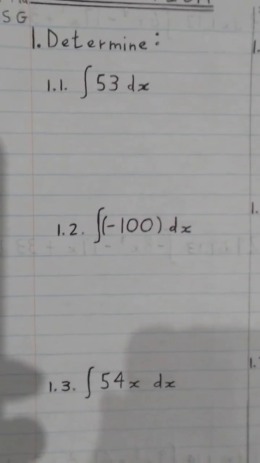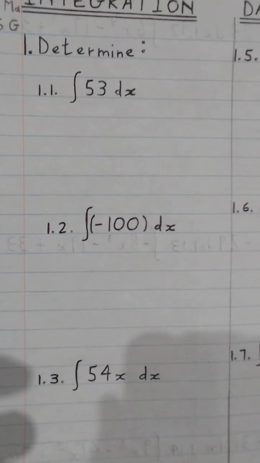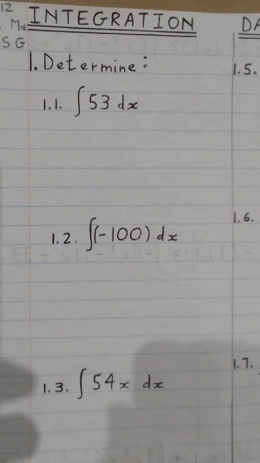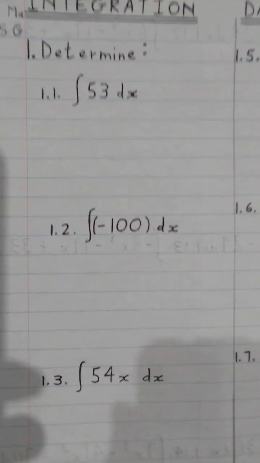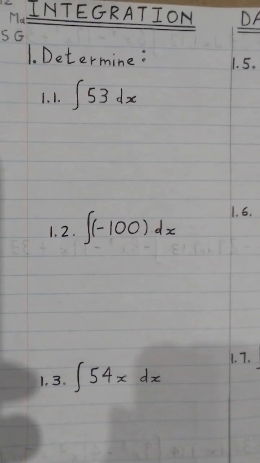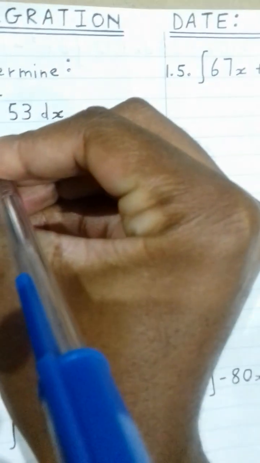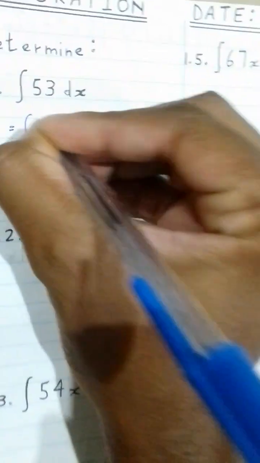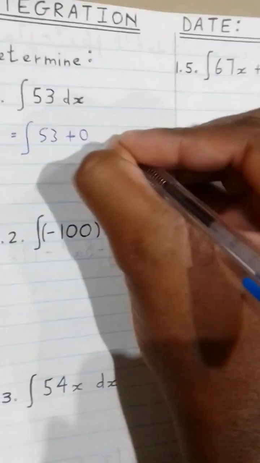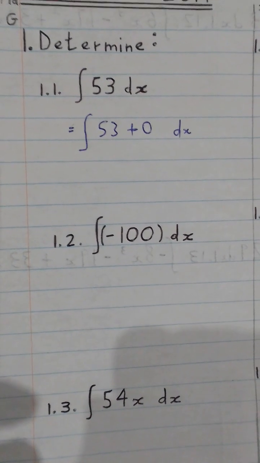So number 1 states determine 1.1 the integral of 53 with respect to x. The way I prefer to do it is that we first say this is equal to the integral of 53 plus 0 with respect to x, right?